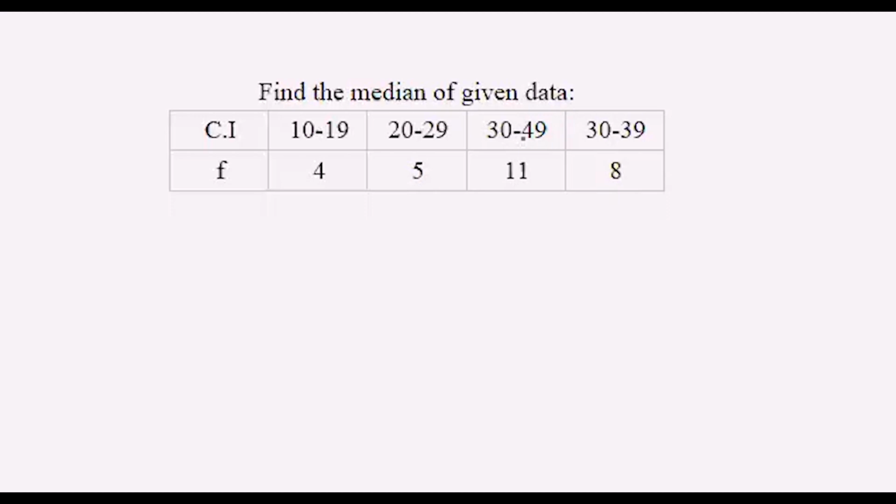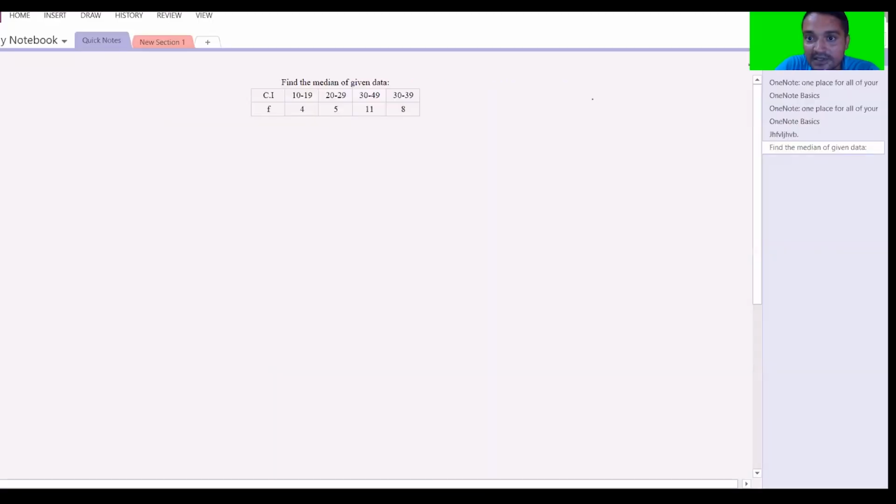the two class intervals, which means we need to write the exact frequency of 40 to 49 over here. You see here, this is 30 and it is 49. For discontinuous data, 30 to 39 and then 40 to 49.